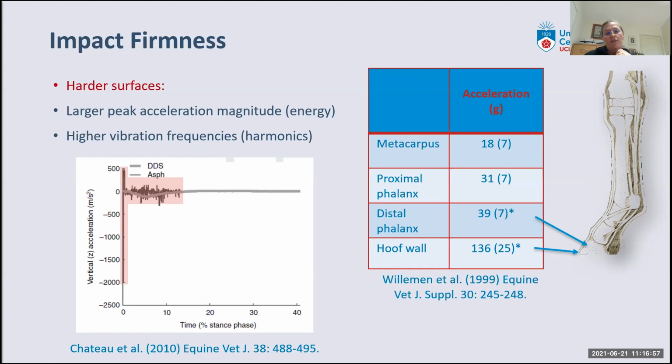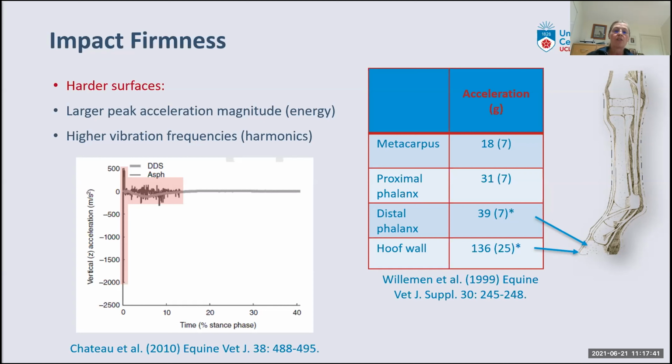In relation to how this affects the horse, well, this is an older study and there are one or two others, but this is quite a nice one where accelerometers were placed on the hoof wall, the distal phalanx, proximal phalanx and metacarpus, to look at how that vibration was transmitted through the limbs. And what they found was that when the hoof contacted the ground, the hoof wall experienced 136 Gs, which went down to 39 Gs at the distal phalanx, and then became quite insignificant by the time we got to the proximal phalanx and metacarpus.